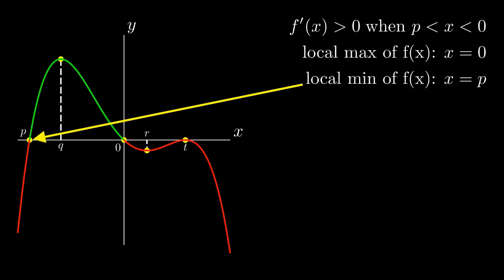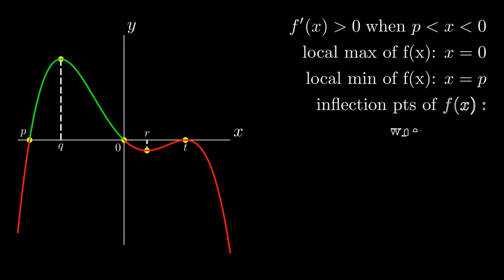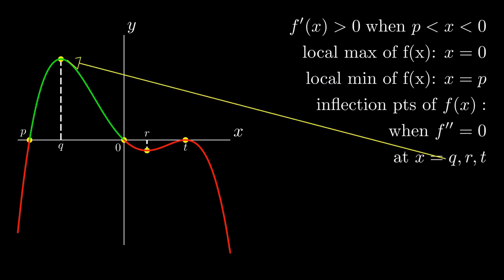Inflection points now are other points where the second derivative is 0. The second derivative is the derivative of this graph that we're looking at. So when is the derivative of this equal to 0?